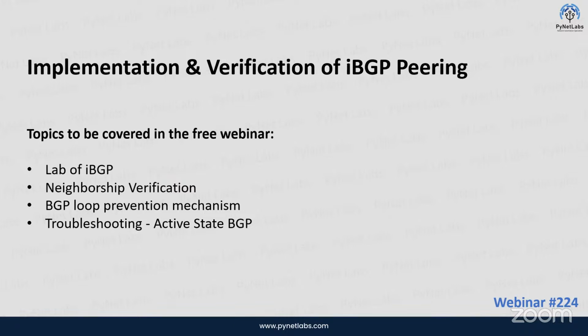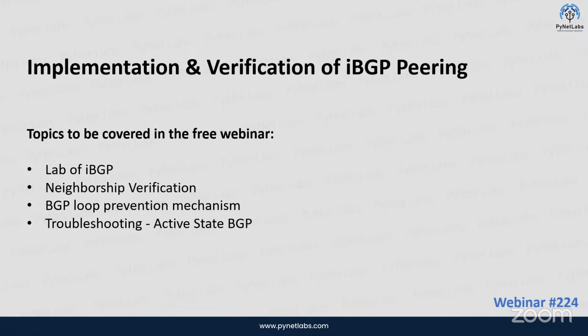Apart from that, we will see what is the major purpose behind using the iBGP and what kind of loop prevention mechanism is there, what exactly the neighbor verifications are there. So let's quickly start with an introduction first of all with BGP, and then accordingly we will move towards the lab and verify all these topics which are mentioned on the slide, including the lab verifications and the loop prevention mechanism.